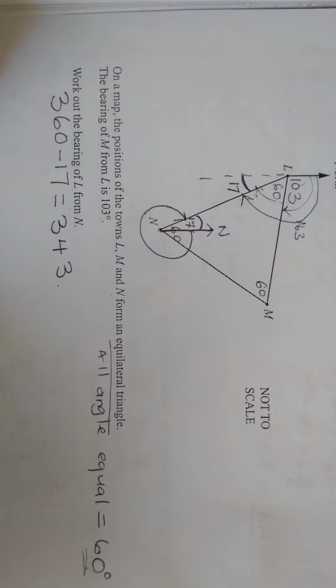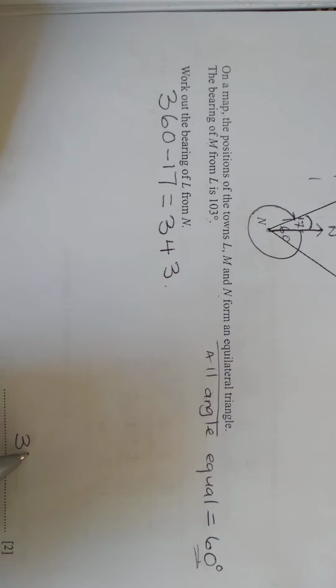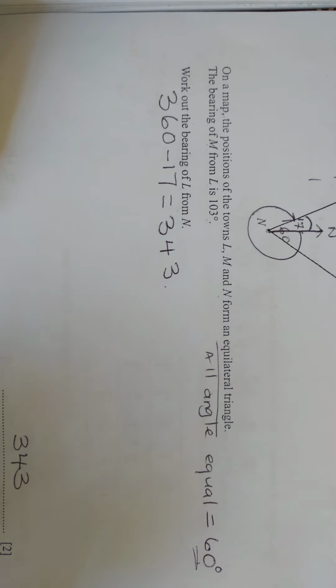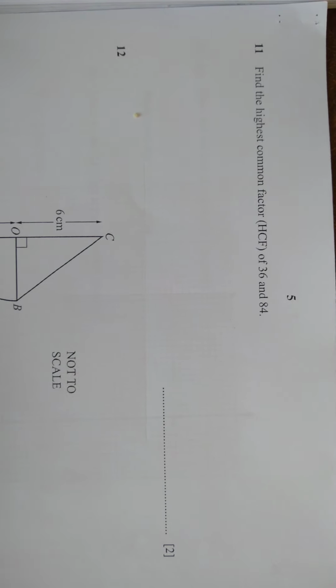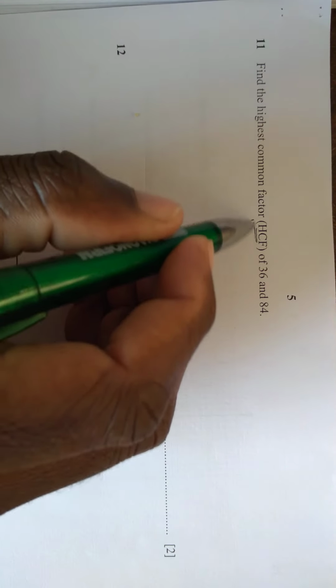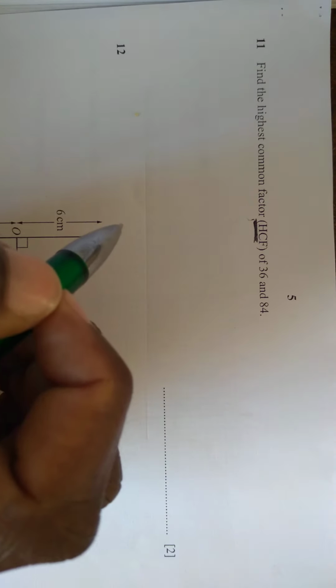We're moving to the next question. The next question will be number 11. So for number 11, you have 36 and 84. You want to find the highest common factor.